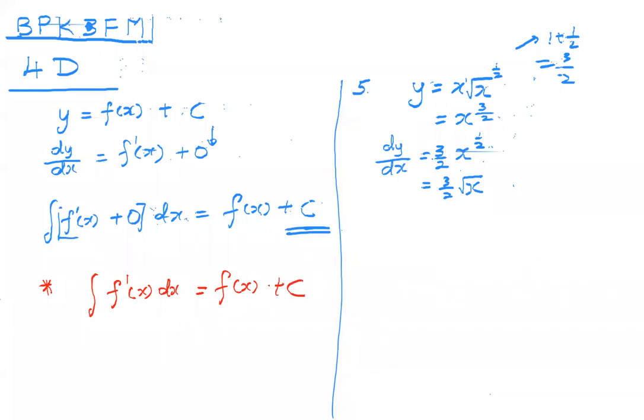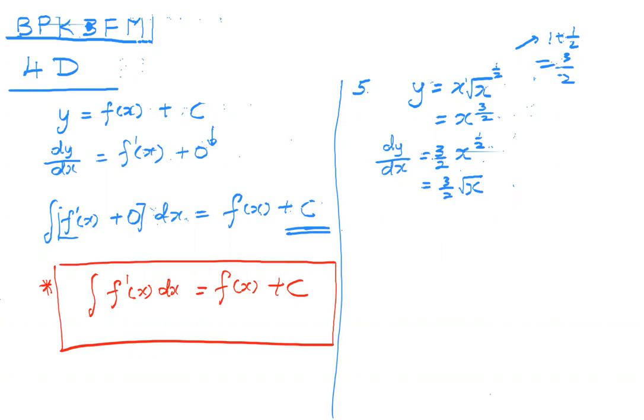Am I right? This is a very important step in an antiderivative question. What do I mean by an antiderivative question? It means that first they will ask you to differentiate, then they will ask you to integrate. That is called an antiderivative question.